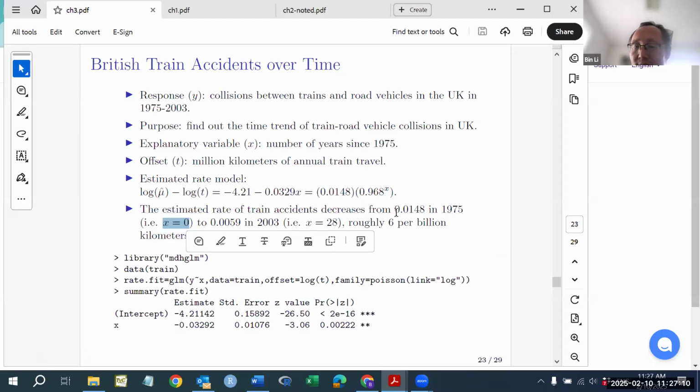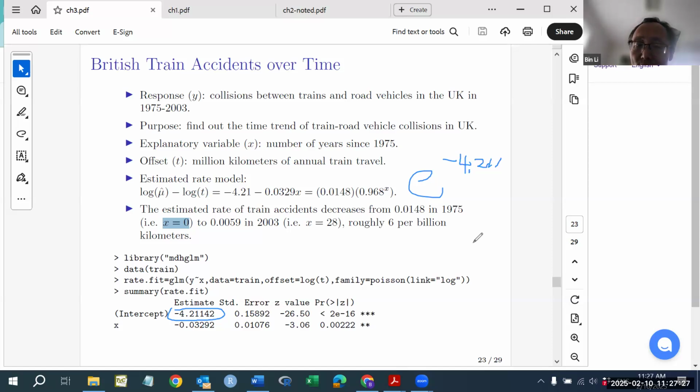This is equivalent to taking the exponential of negative 4.211. That is the estimated rate for 1975.